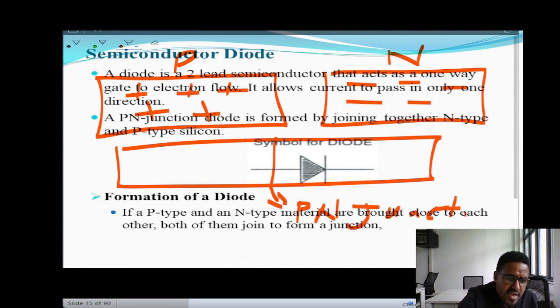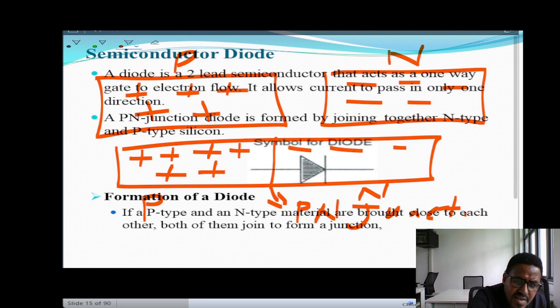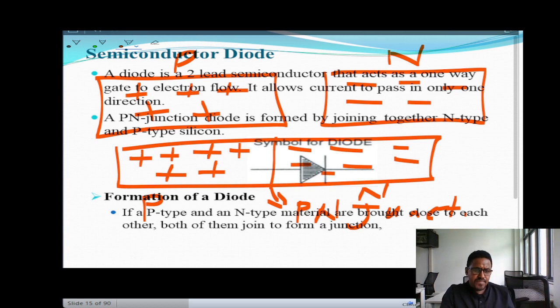A diode is a two-terminal electronic component with a p-n junction. The p-type material has holes as the majority carrier and the n-type material has electrons as the majority carrier.